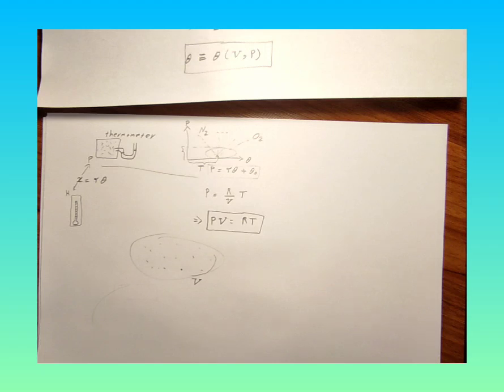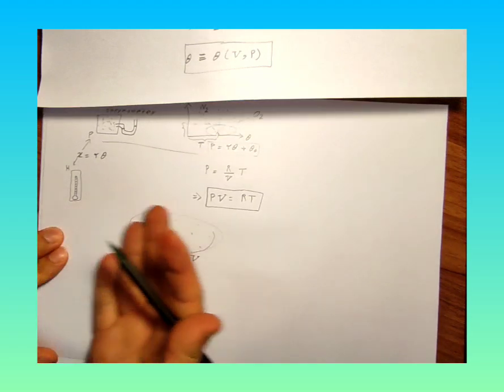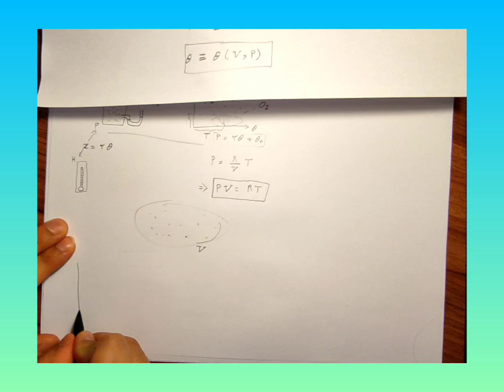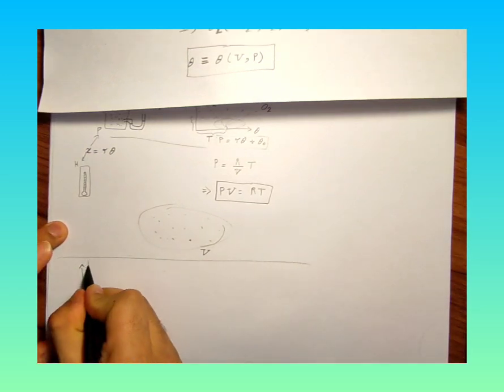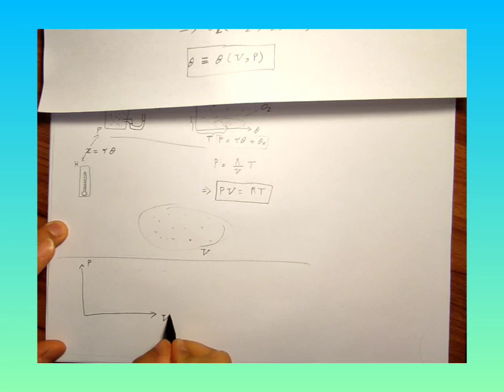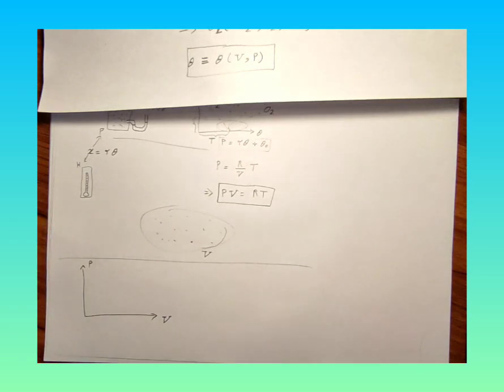Now we have defined what is a process. One process that is important is the isothermal process.